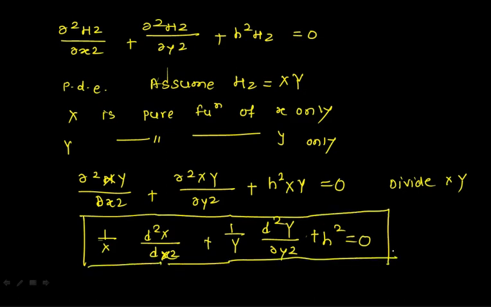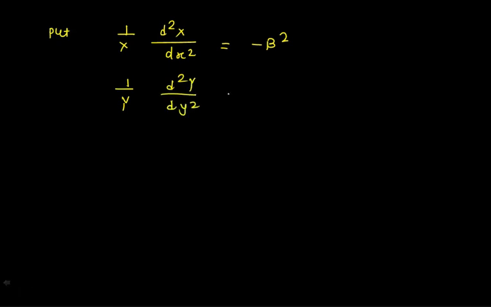As these are pure functions of x and y, you can put 1 by X d square X by dx square equal to minus b square, and 1 by Y d square Y by dy square equal to minus a square.